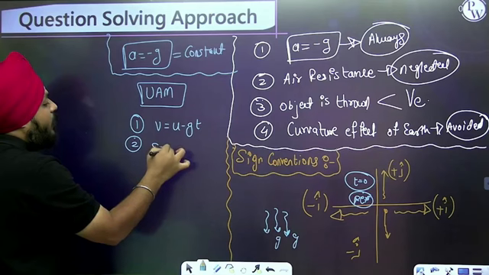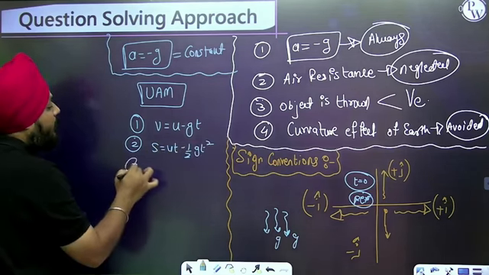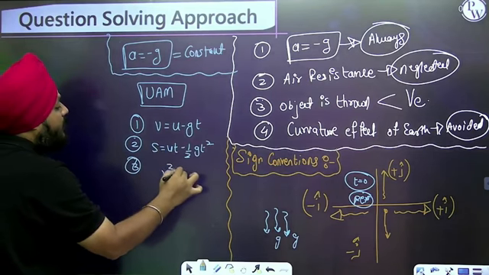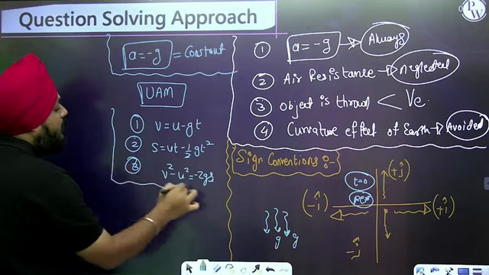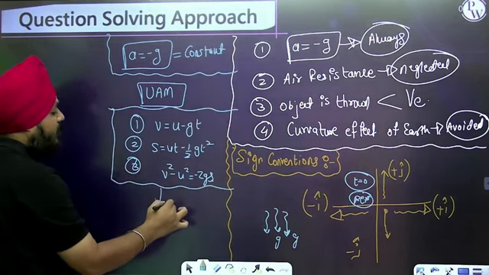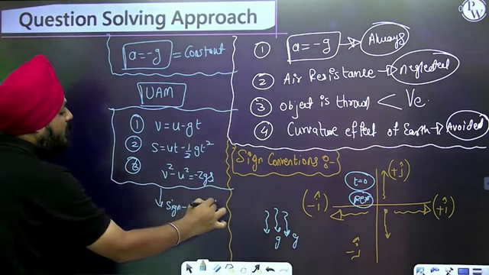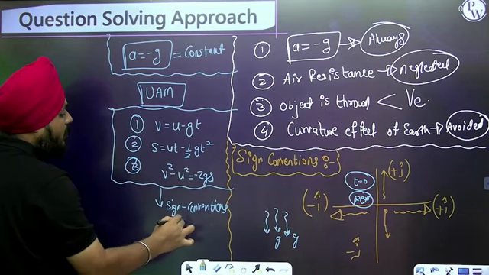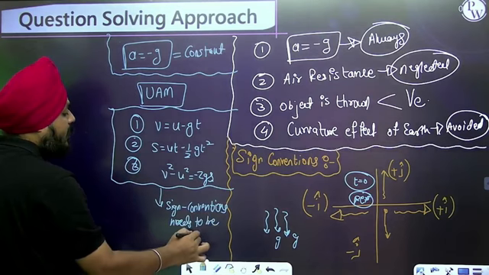Second, s is equal to ut minus half gt square. Third, v square minus u square is equal to negative 2gs. We have to apply the sign conventions.